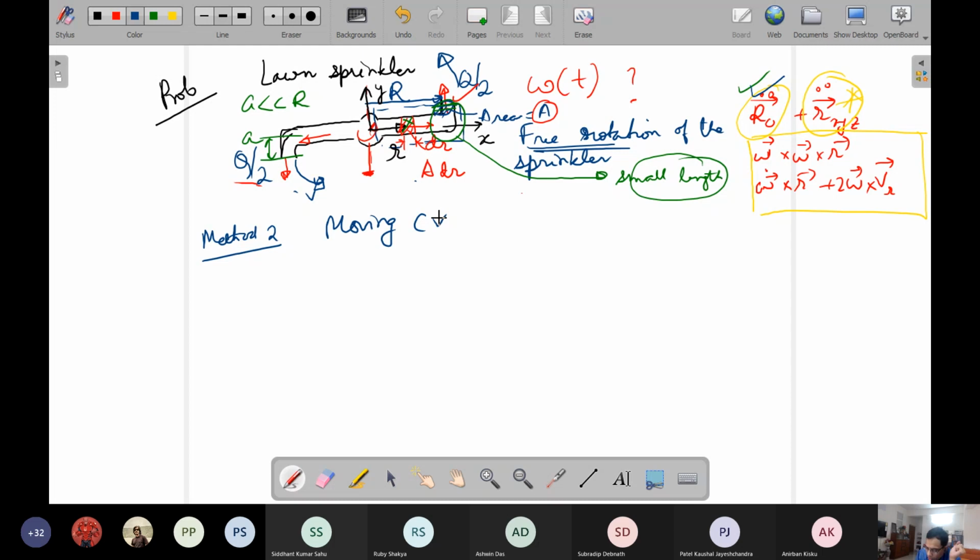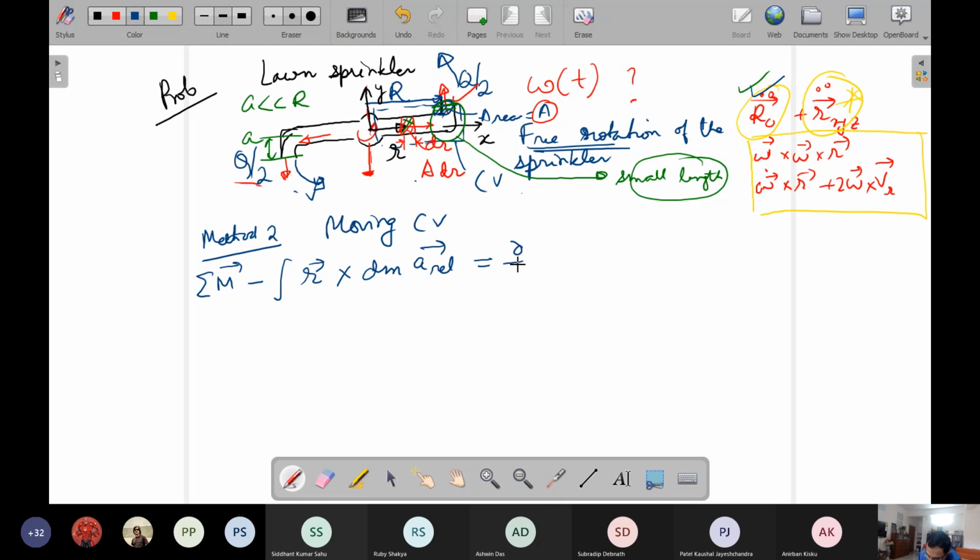In the moving control volume, the drawing is the same, but we have to keep in mind that this dotted boundary which is coincident with the arm is also moving with the arm. It is not fixed. So when you have this moving control volume, you have to deal with the correction term on the left hand side, that is number 1, and all the velocities are expressed as relative velocities with respect to the control volume. That is the major difference.